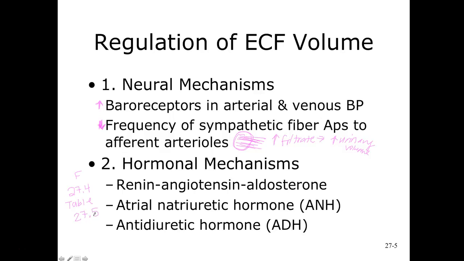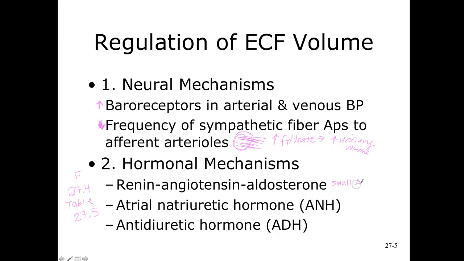The one thing I do want to mention is, when do these hormonal mechanisms work? So with your renin, angiotensin, and aldosterone hormonal mechanism, this is sensing for more of small changes. Put small.